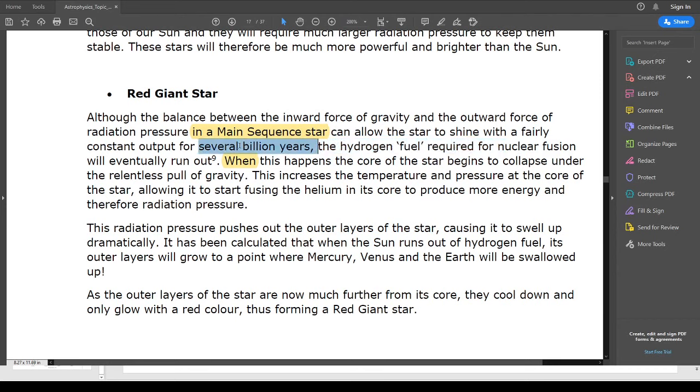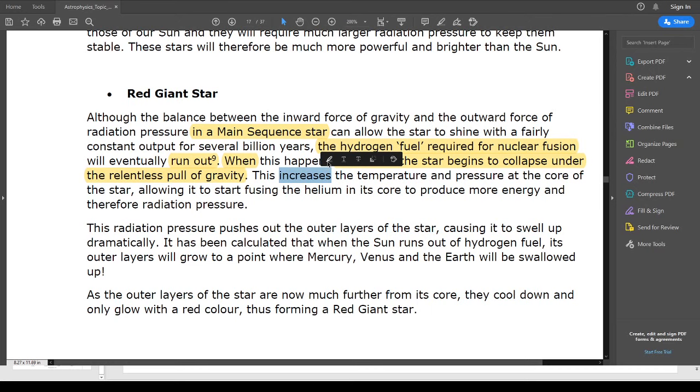In a main sequence star, when the hydrogen fusion fuel required for nuclear fusion runs out, the core of the star begins to collapse under the relentless pull of gravity.